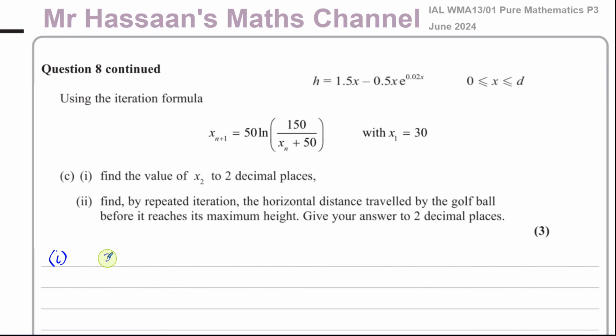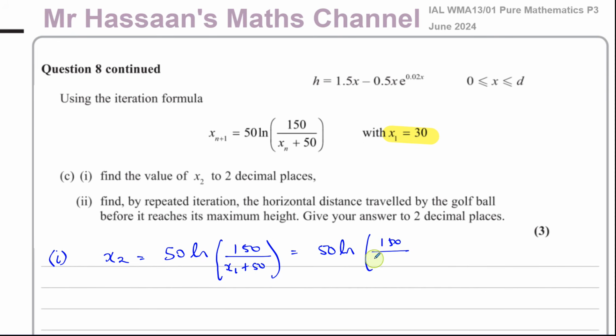So x2 is when you take x1, which they gave us as 30, and use it in the iterative formula. So x2 is 50 times the ln of 150 over x1 plus 50, which is 50 times the ln of 150 over 30 plus 50. And that will give you the answer for part 1.